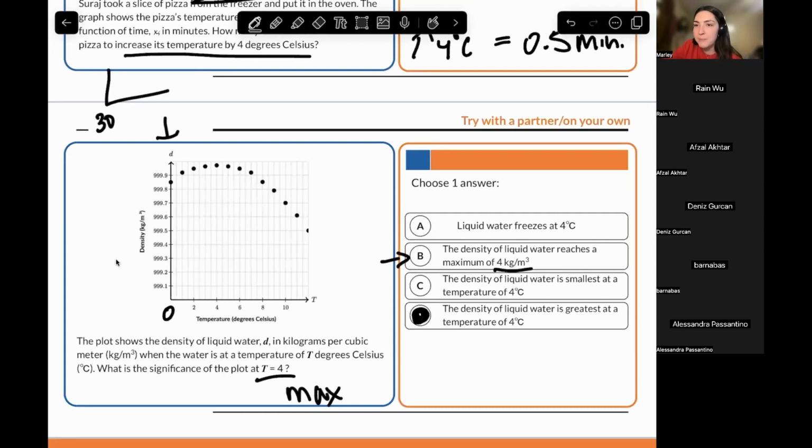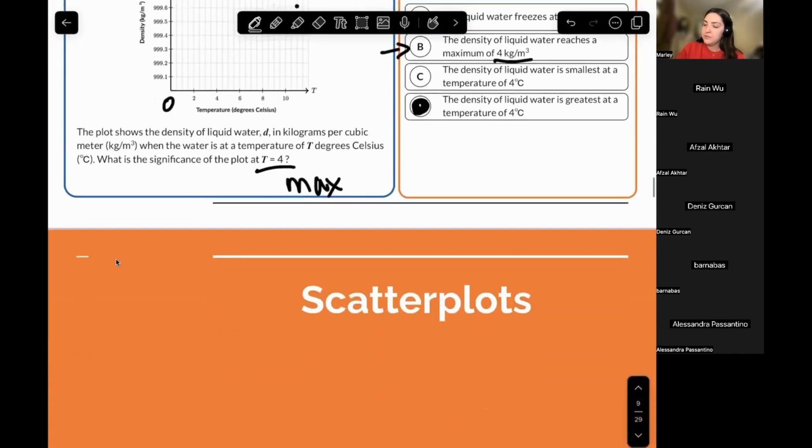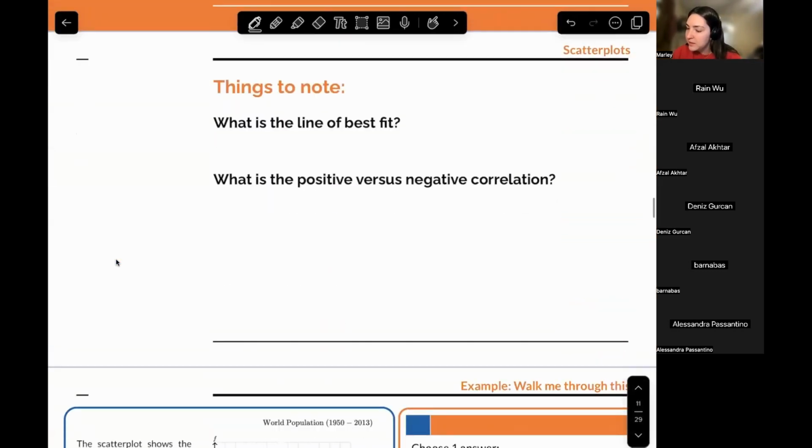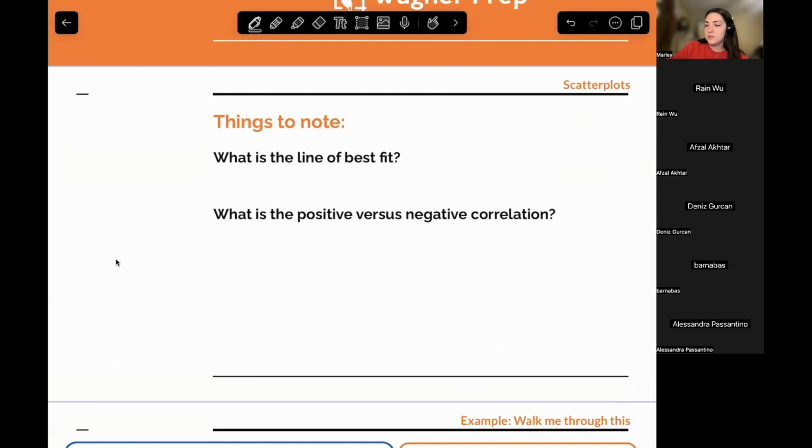So when we're trying to come up with a line of best fit or anything like that, we want to be careful that this is actually 0 when we're coming up with our line. This will come up more with scatter plots, because they love to ask, okay, let's plot a line of best fit, or what line would make the most sense for these data points. Line of best fit, at least for the purposes of this test, is mainly going to be linear. y is equal to mx plus b.